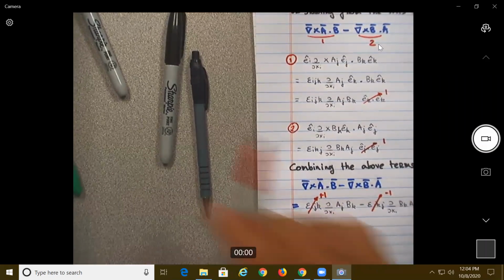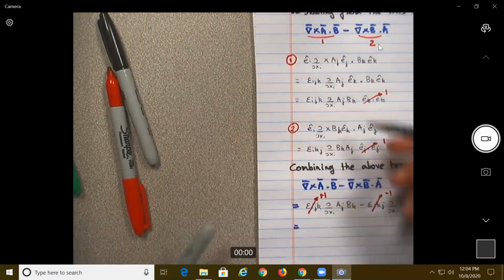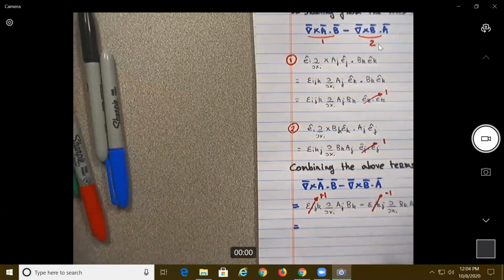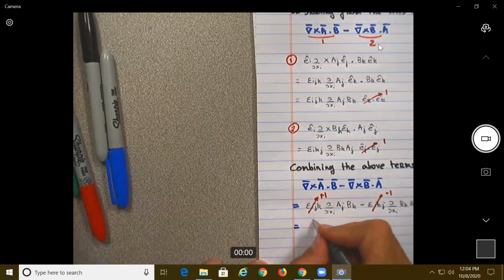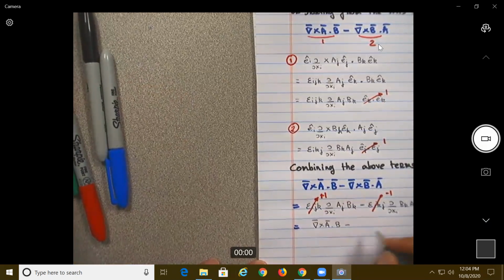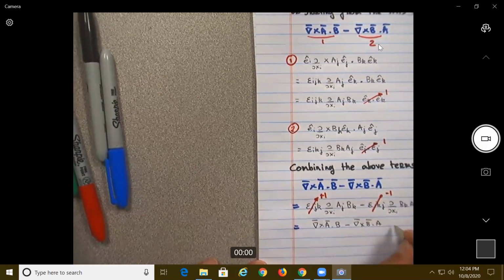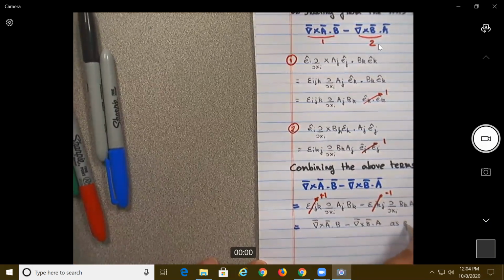Yeah. And just like you say, do nothing about keeping the same indexes on the variables going from one to the other. So this is exactly here del cross A dot B minus del cross B dot A, as requested.